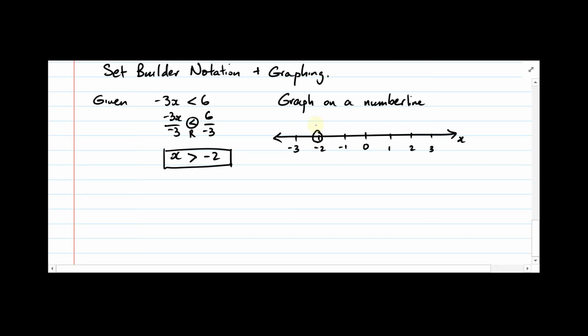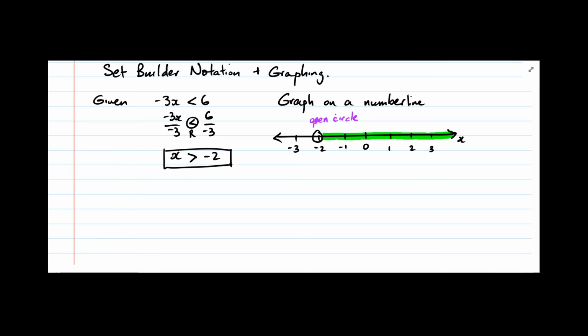Okay. So we have an open circle, and this open circle means that the number negative 2 is not a part of the solution. The inequality is greater than, so it would be all that region above negative 2.